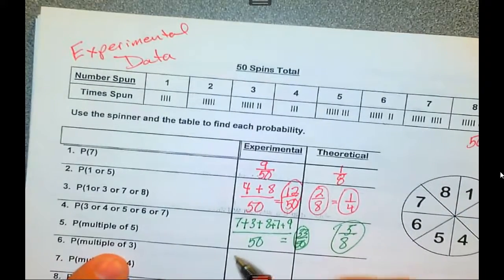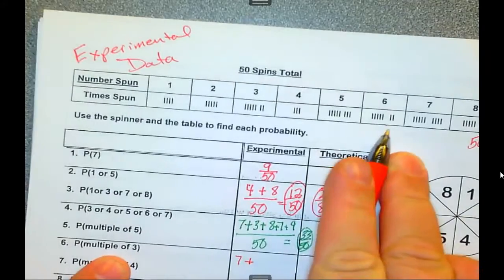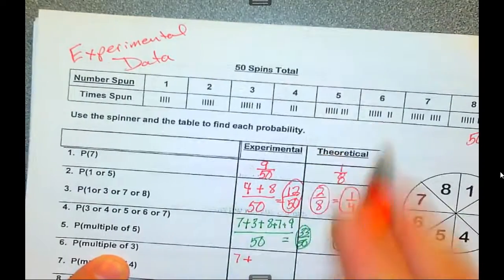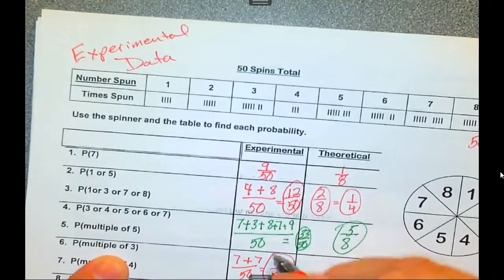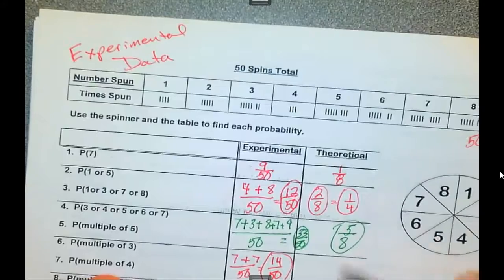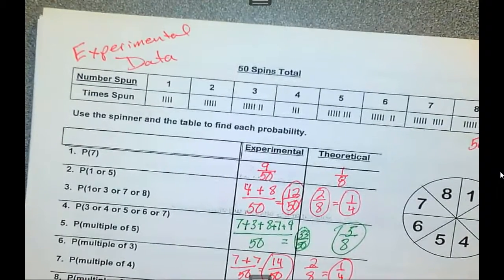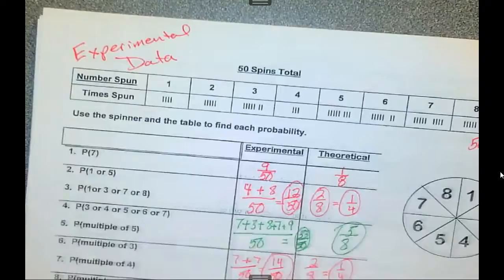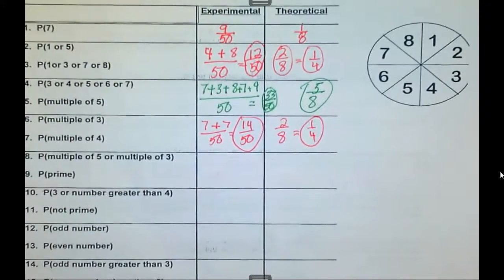So a multiple of 3, which is 7 plus 7, we did 14 times. 14 out of 50. And 2 out of 8, which is a quarter. You guys get the gist of this?